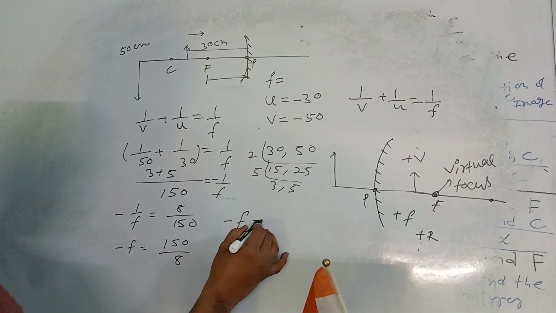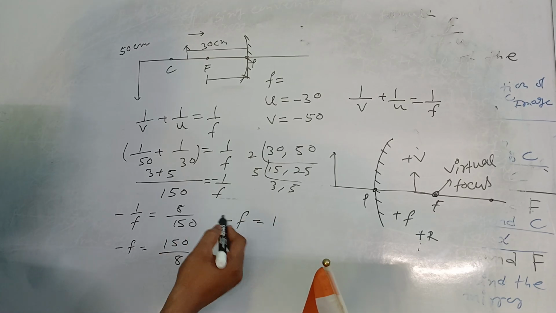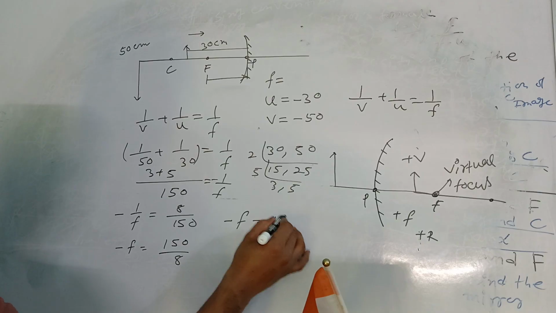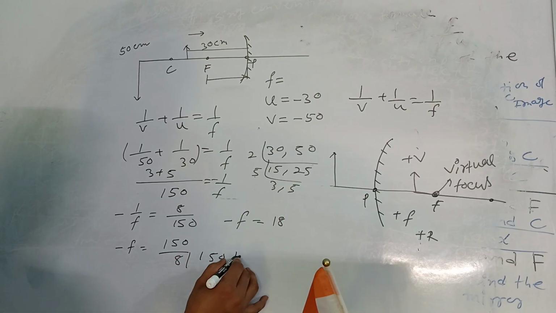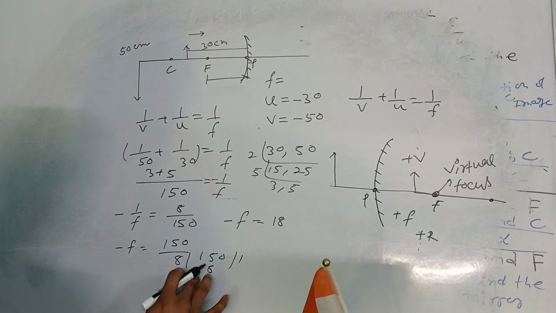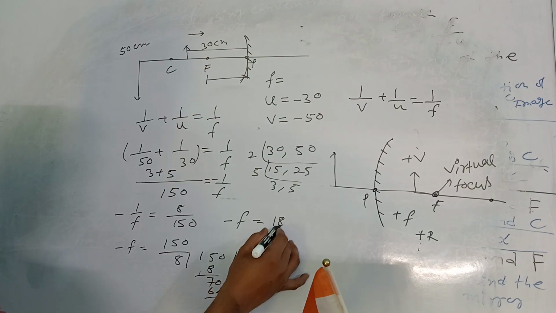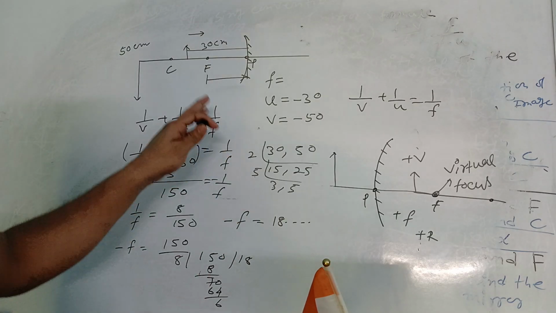Now just divide 150. 8 ones are 8, 70, and 8 eights are 64. Then 6. So we are getting 18 point something. Okay. So focal length is 18 point something.